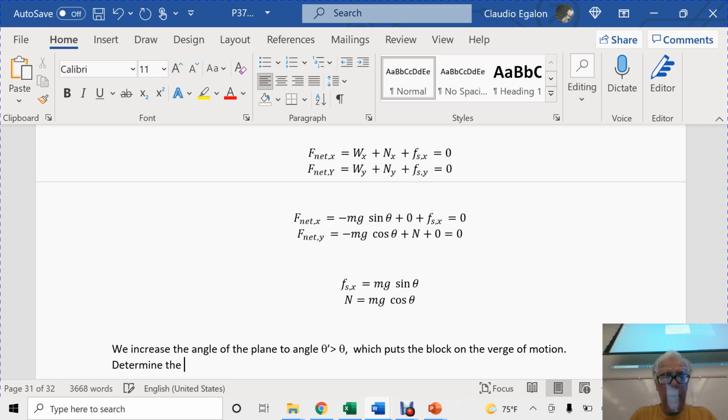Determine the coefficient of static friction. And now I'm asking the coefficient of static friction.